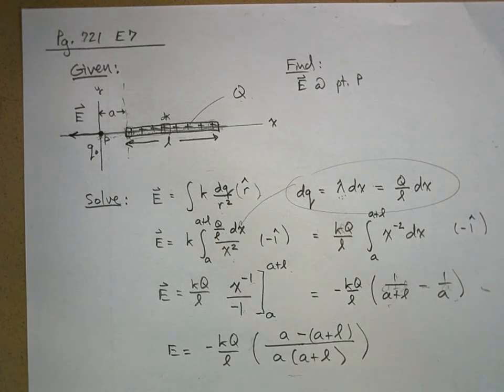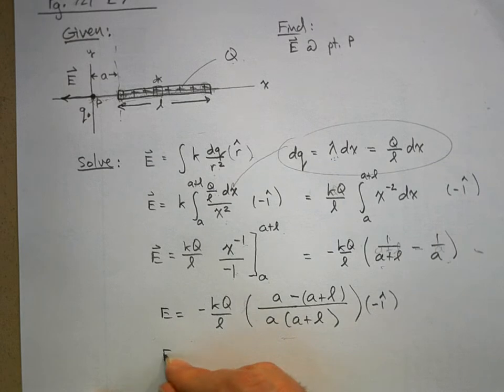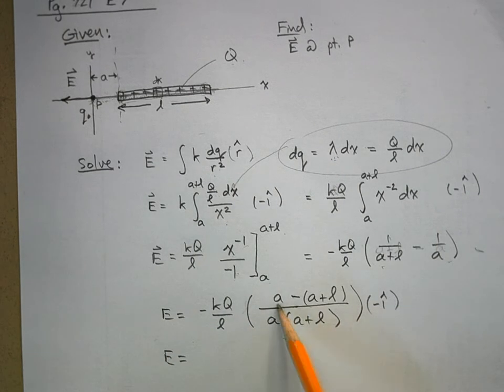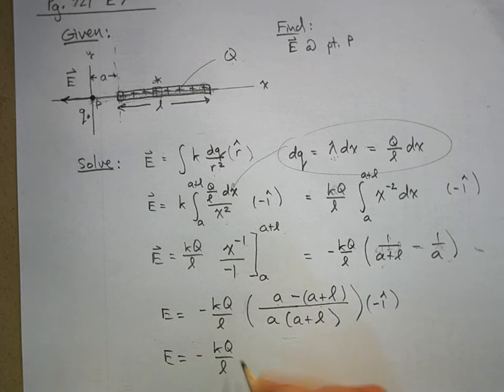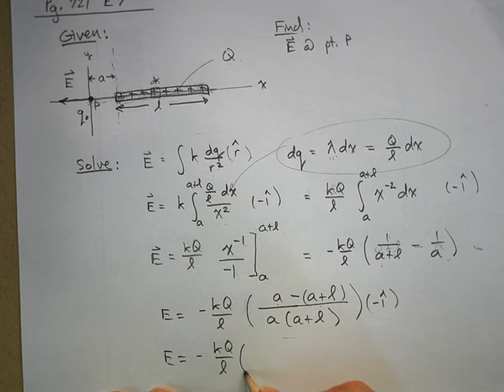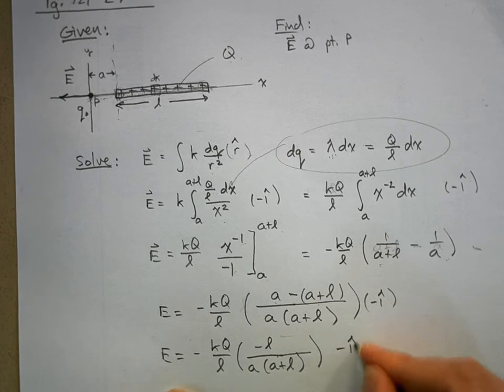And so what we get, and this is in the negative i hat direction. When I clean this up, I get A minus A plus L, so you get negative KQ over L times negative L over A times A plus L, in the negative i hat direction.